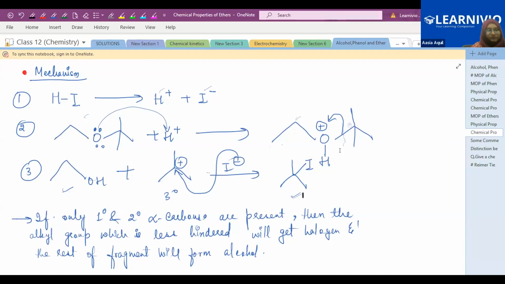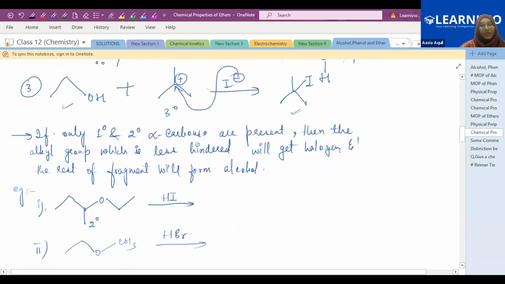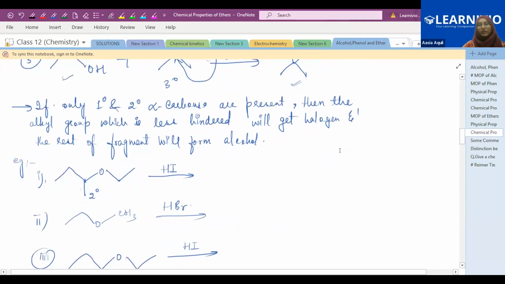Done. Okay. Now, we have seen those types of unsymmetrical ether in which tertiary alpha carbon is present. Now the question is, what if there is no tertiary alpha carbon in your ether? So what are we supposed to do?